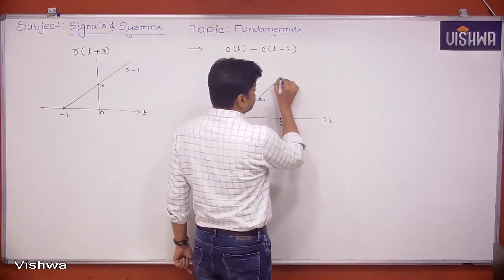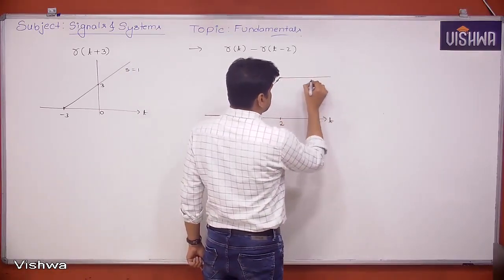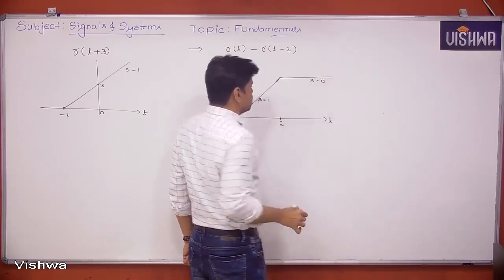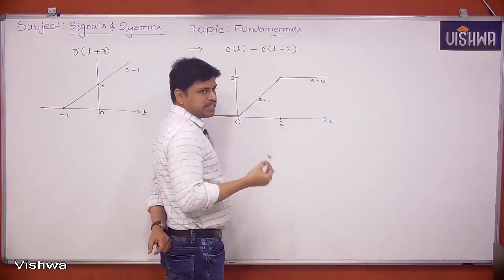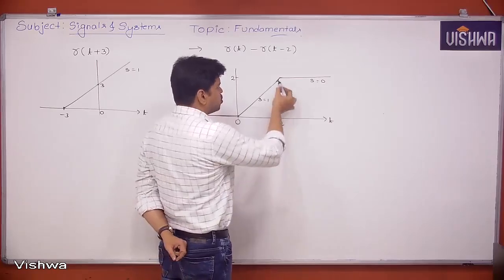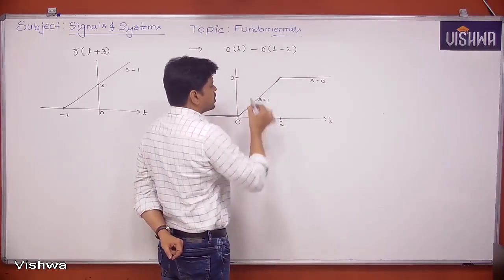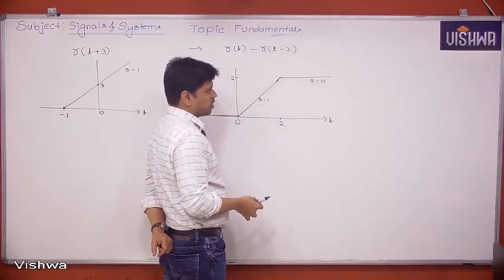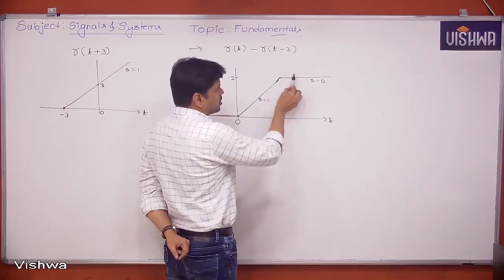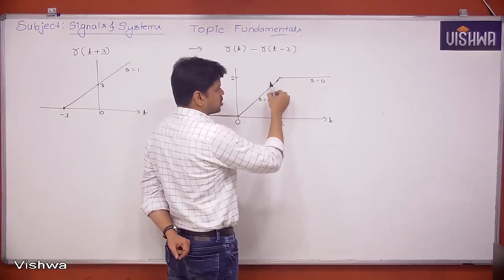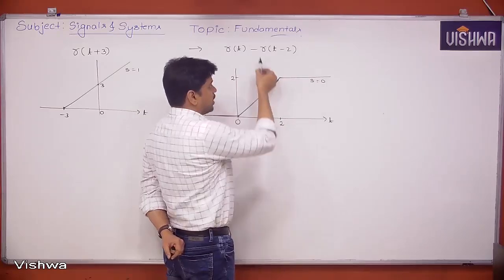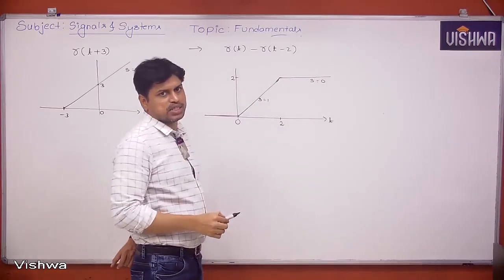Slope 0 line means it's a horizontal line. If you have any doubt, let's see. I told you the coefficient indicates change in slope. At 2, what is the coefficient? Minus 1. After this, slope is 0. Before this, slope is 1. Final slope minus initial slope: 0 minus 1 is minus 1. That's the meaning of change in slope.